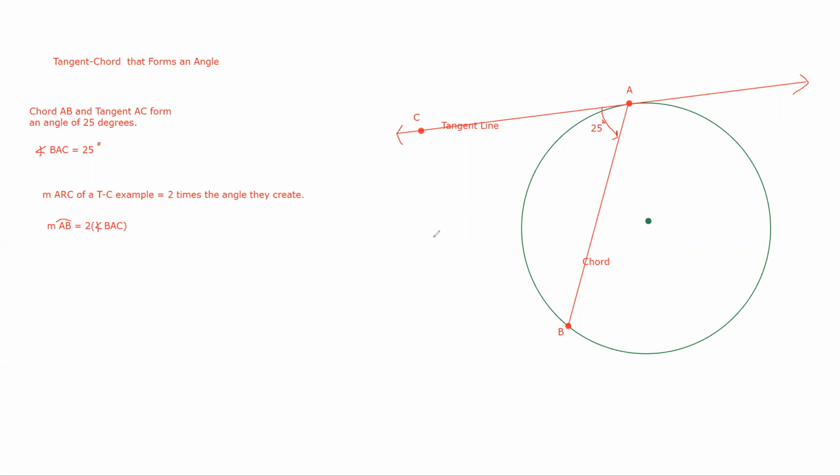So if we're supposed to find AB, all we have to do is multiply by 2. So the measure of AB equals 2 times 25. So the measure of AB equals 50 degrees.